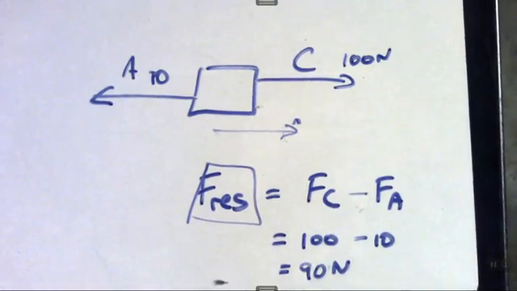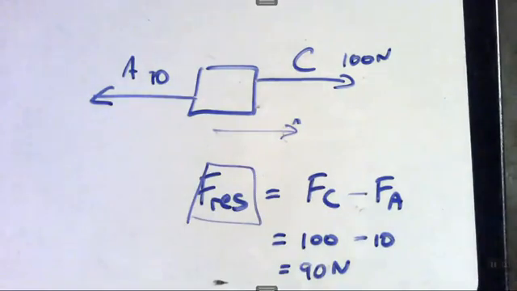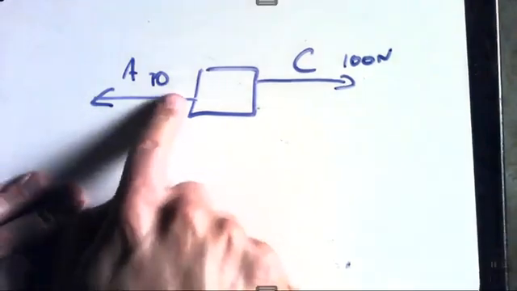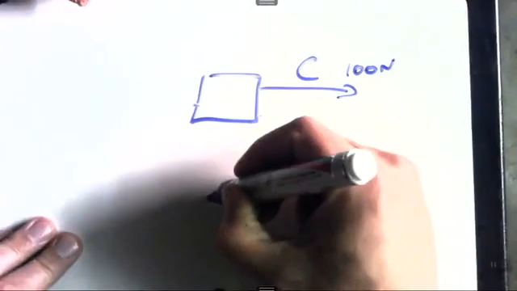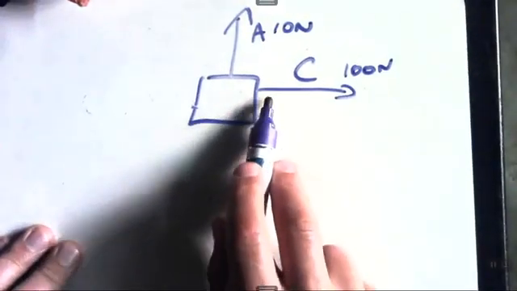So we can add up forces when they're in the same line, but when forces are pushing at an angle that is perpendicular to the motion, if Anshu pushes or pulls this way now, at 10 Newton, Anshu is not contributing to the movement of Charles at all.